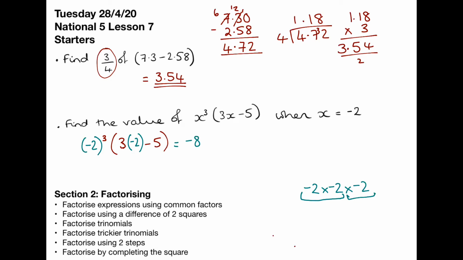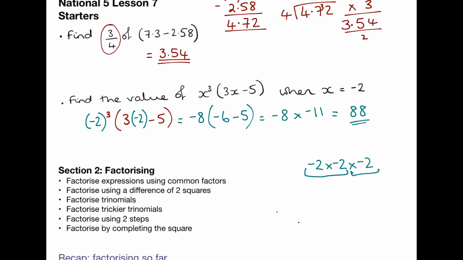So you've got a -8 outside the bracket, and inside the bracket, we've got 3 times -2, so we've got -6, and then take away 5. So we've got -8 times, the value of the bracket now is -11. 8 11s are 88. A negative times a negative makes it a positive, so the answer there is 88.